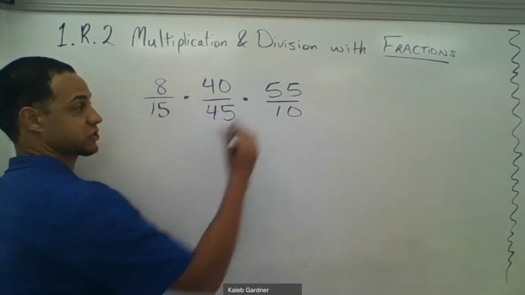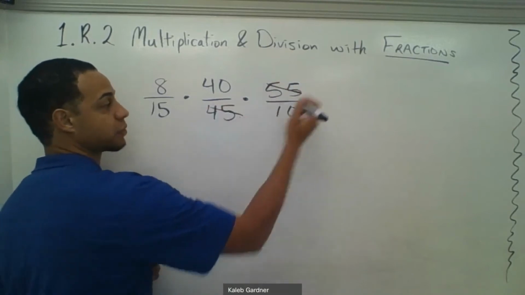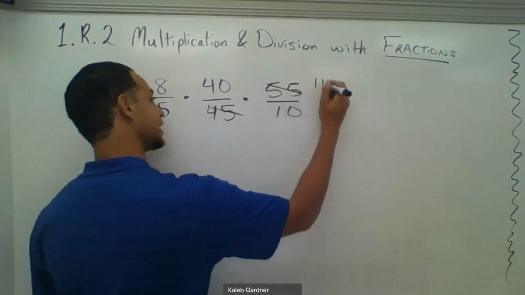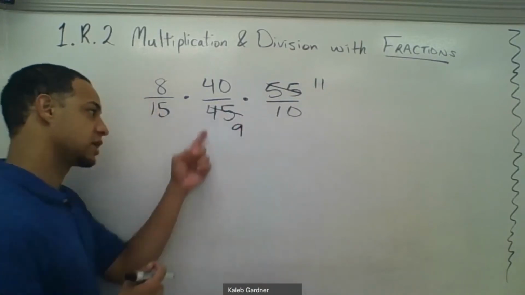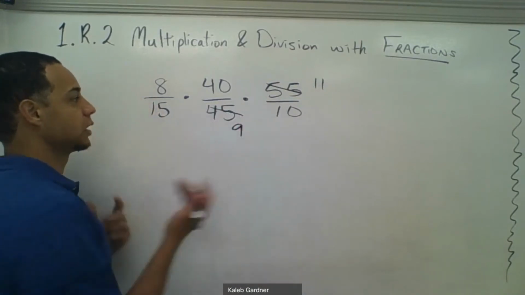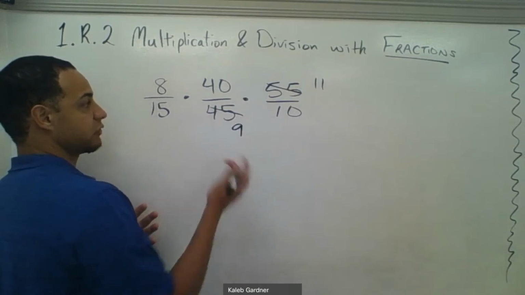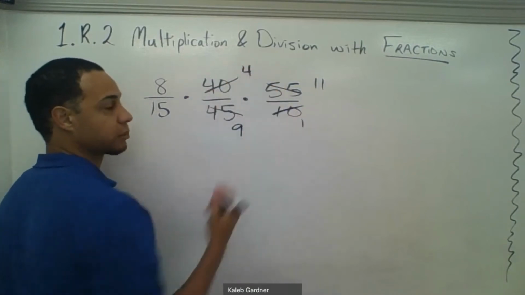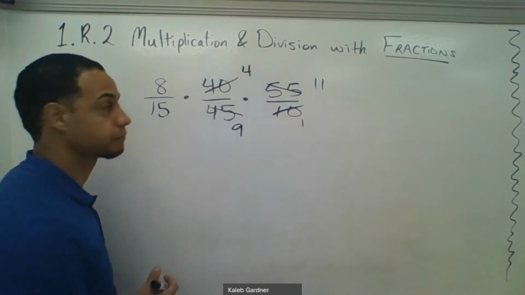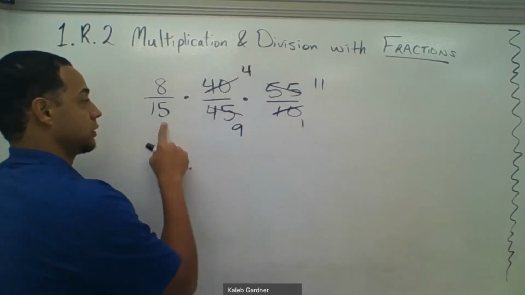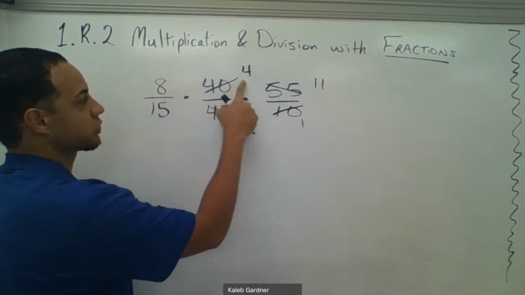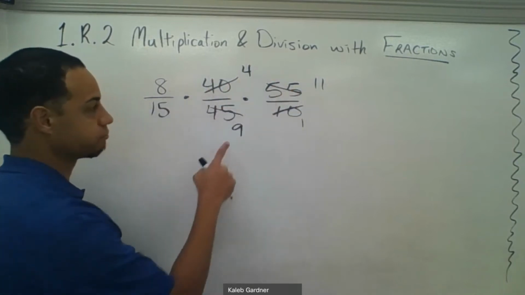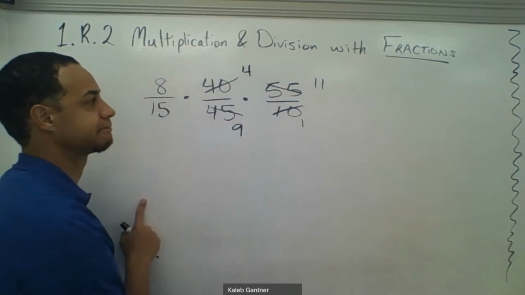So I'm going to reduce the 55 and the 45 can both reduce by 5 to make 11 and 9. Because 5 times 9 is 45. Let's see, the 40 can reduce with the 10 to make 4 and 1. They can both reduce by 10. 15 can reduce with none of those, and neither can 9.